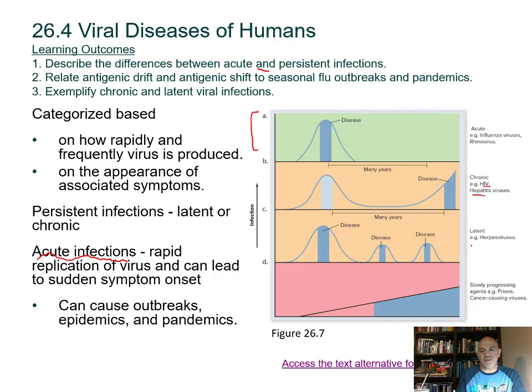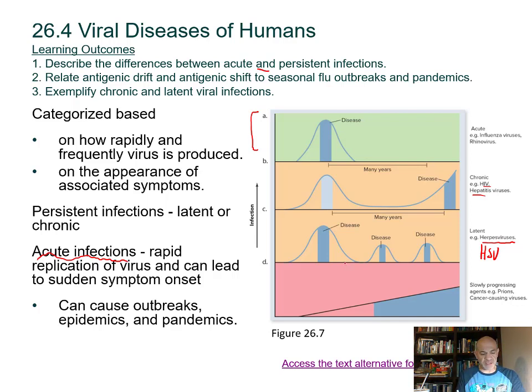And then you have latent infections, and an example there is the herpes simplex virus, or the HSV viruses. Here, you have your initial infection, you increase, you get the disease, and then the virus will hide in some tissues and become latent, and no new viruses would be produced.